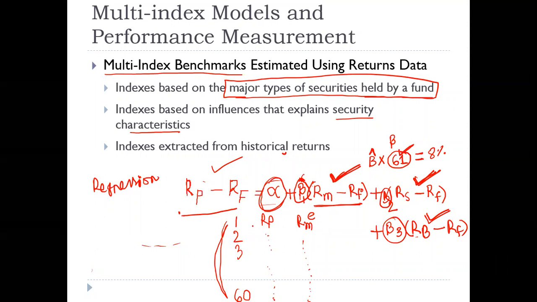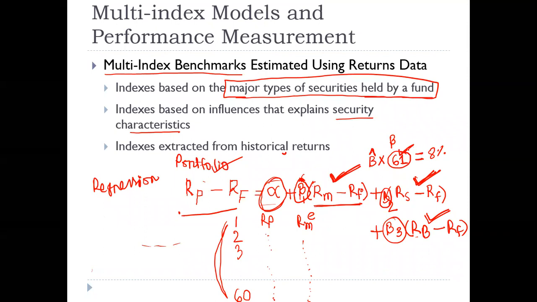But it has been found that beta is not stable over time. Beta is not stable over time. We are right now considering which beta? Mutual fund portfolio beta.